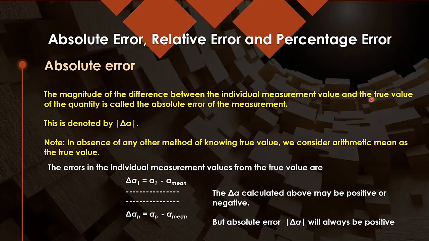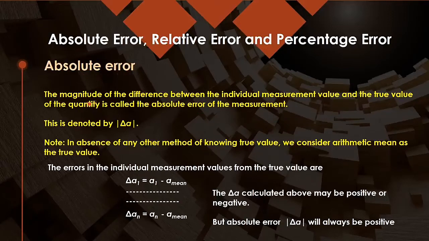Supposing you are finding the acceleration due to gravity. The standard value, you all know, is 9.8 meter per second square. But when you find it experimentally, you get 9.6. So you are getting some difference from the true value, that is 0.2 meter per second square.